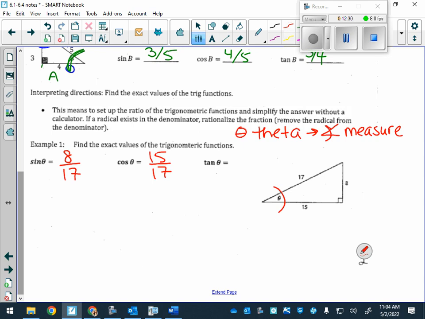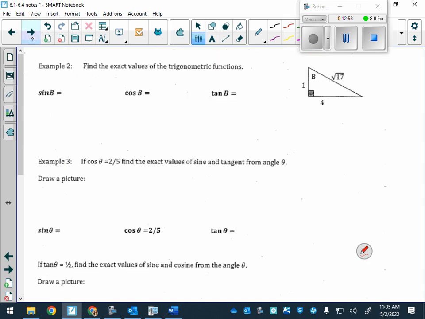Awesome. Good job. The tangent of theta, Emily. Good. 8 over 15. And for now, since we are recalling, if you guys need to label, go ahead. If this is your angle, opposite, adjacent, always across from your 90 is your hypotenuse. Okay? Great. Let's try one more.